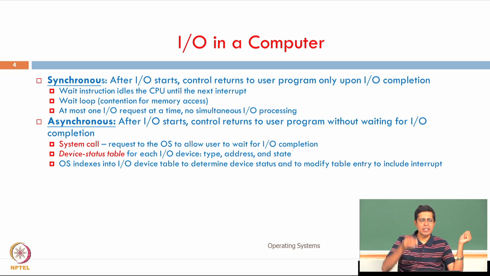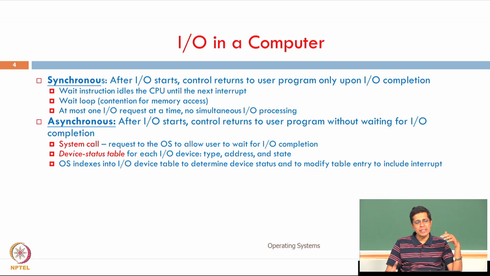And this is organized as a table. Depending on the device, every device will be given an ID or an index, and the OS will index into the table using a device ID and find out what is happening with the device. So, this is how I/O in a computer is basically managed.